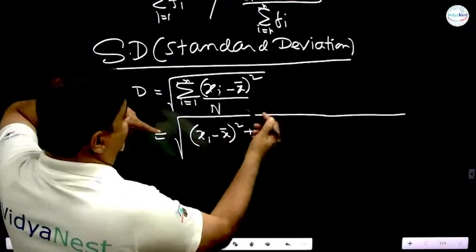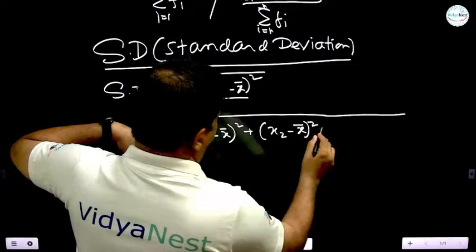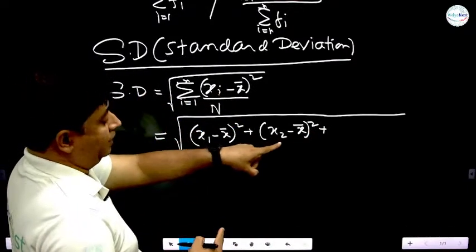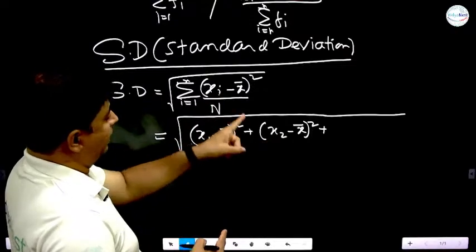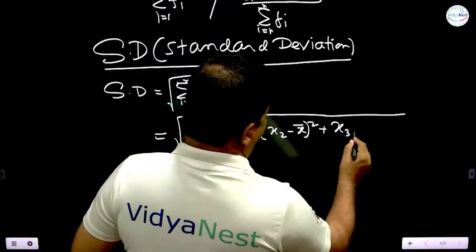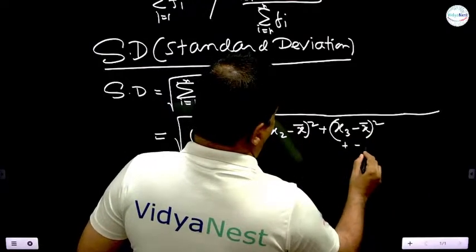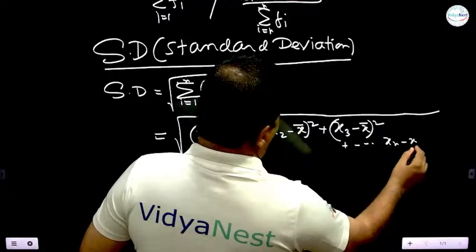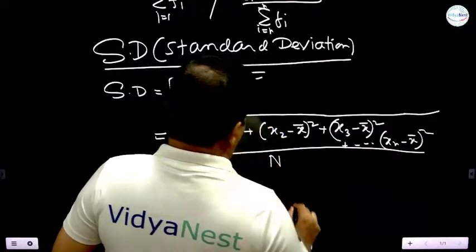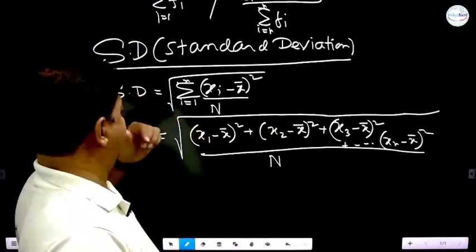Increase i by 1. Here I initialized by 1, then keep on increasing 1 by 1. In this way, it will last at this thing. As such, derivation is not required. For at least one derivation I am showing.